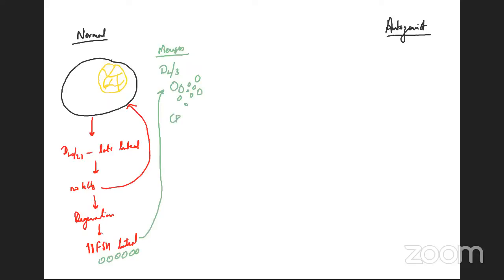It can be synchronized or asynchronized. But usually this is what we report as antral follicle counts, which are follicles approximately 3 to 5 millimeters in size. We will talk about the variations a little later.